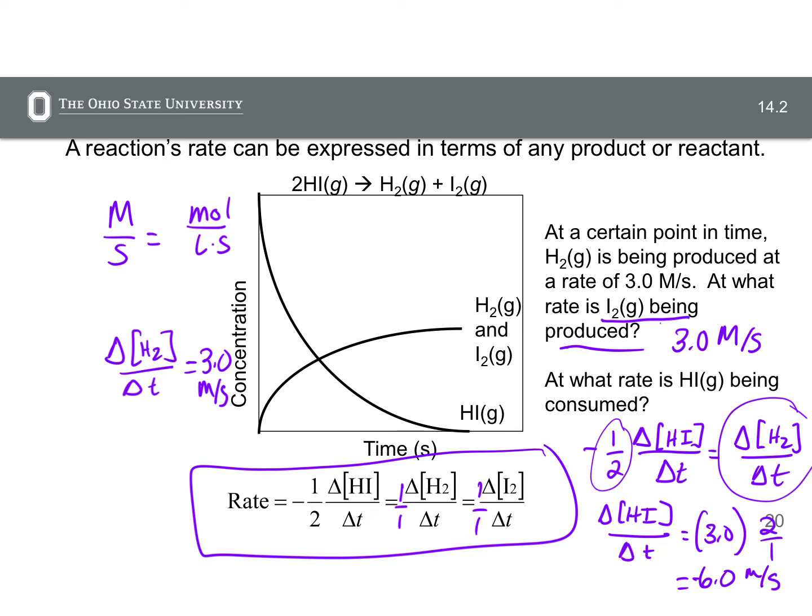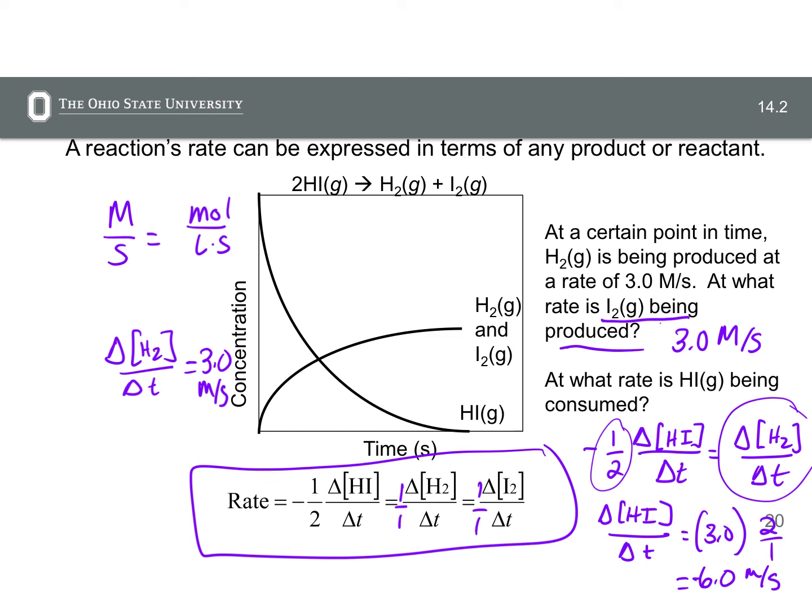Okay, yeah. So I'll walk you through it one more time. We know that the rate of H2 being produced is 3 moles per liter per second. We can relate the formation of that product to the depletion of the reactant using this equation.